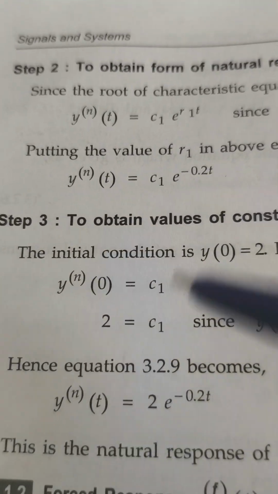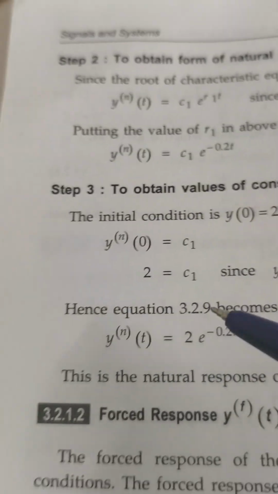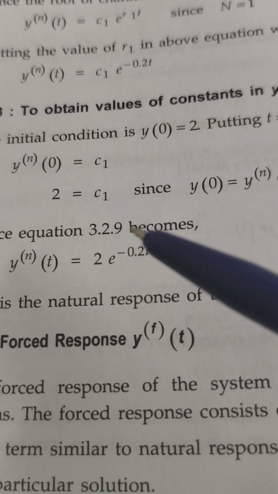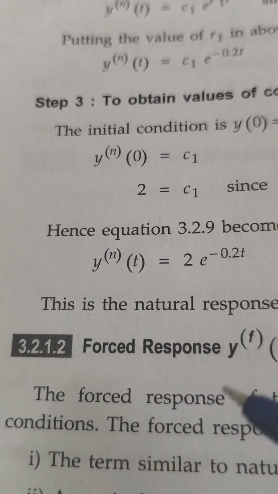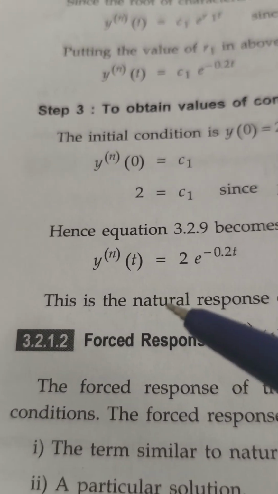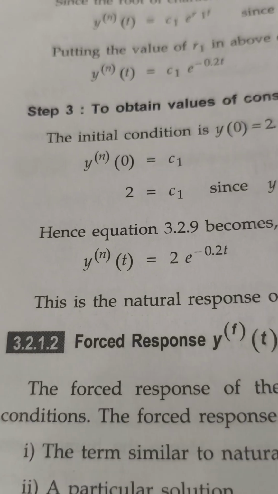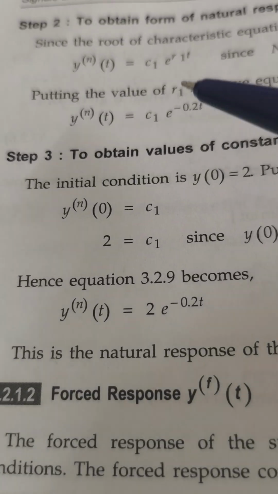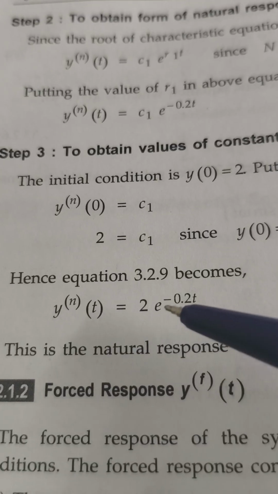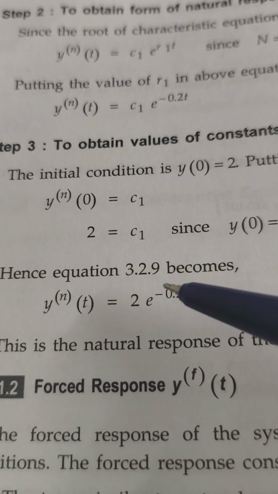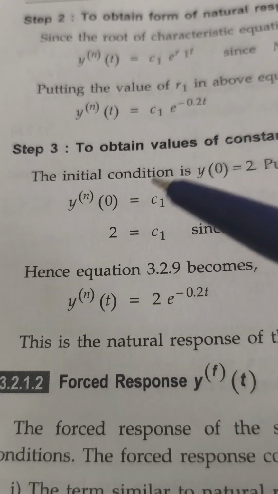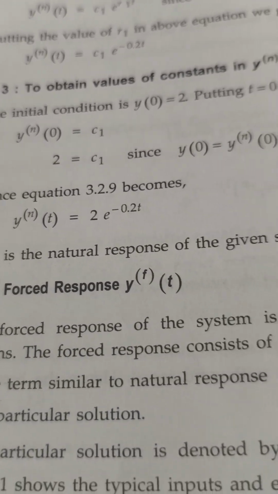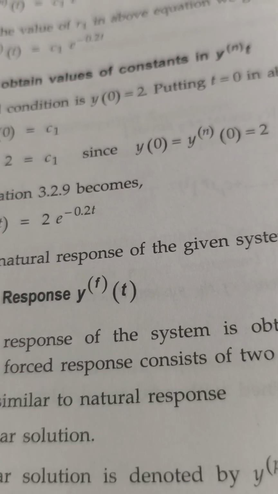Substituting the value of c1 in equation 3.2.9, the result will be y_n(t) equal to 2 e raised to minus 0.2 t. This is the natural response of the given system.